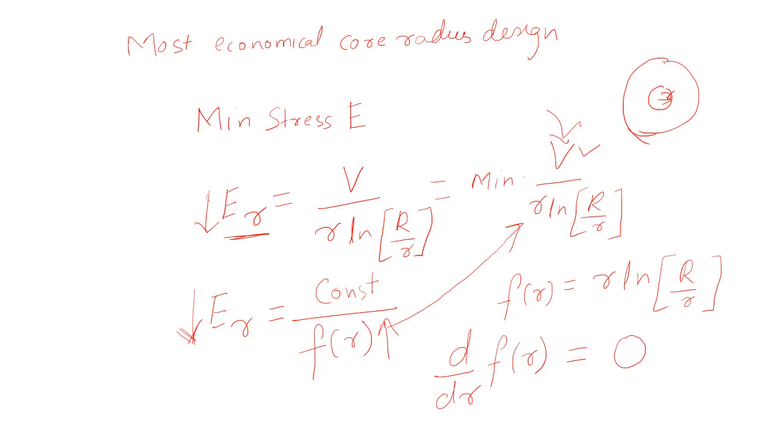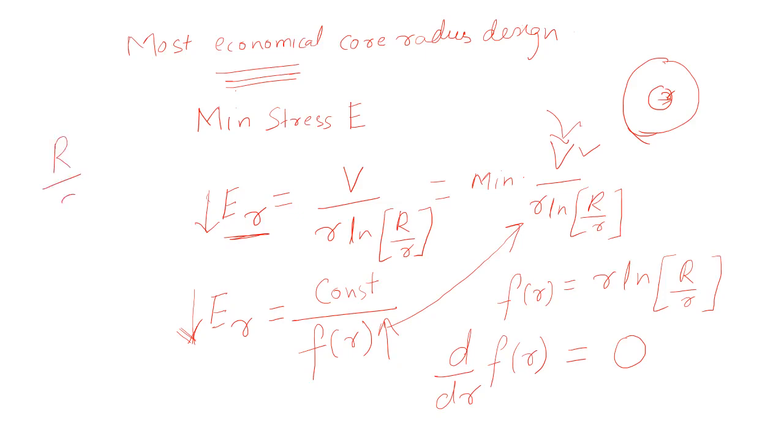So you will get the maximum value of this quantity. Once you get the maximum condition, you can say that at that point you are getting the most economical core radius. I hope you know the differentiation and you can equate it.